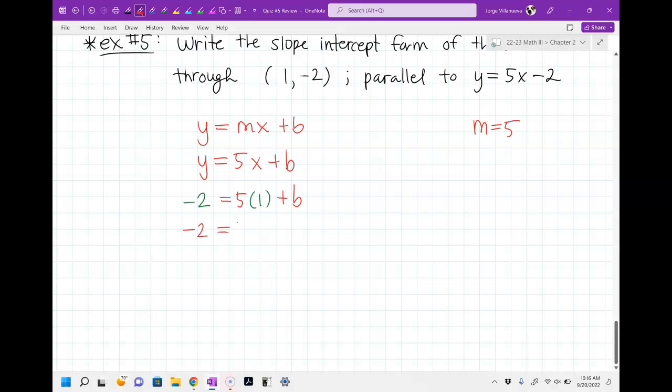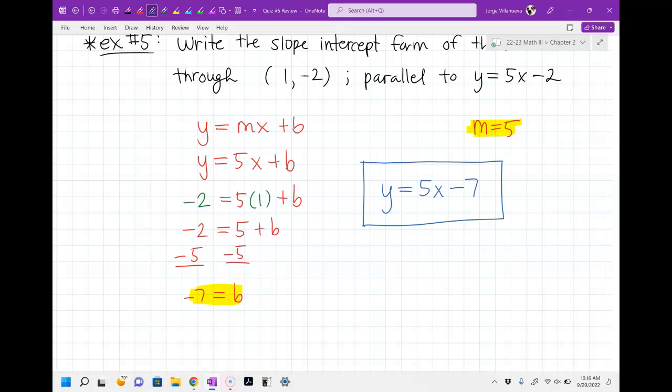So negative 2 equals 5 plus b. If you subtract 5 on both sides, you get b equal to negative 7. So now you guys have your m value, your b value. That's all you need. So y equals 5x minus 7. And that's going to be what your quiz is on for tomorrow.